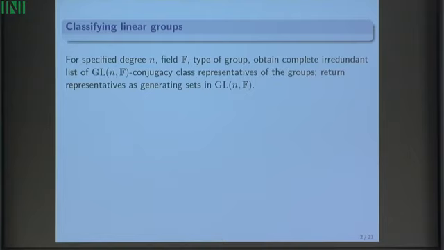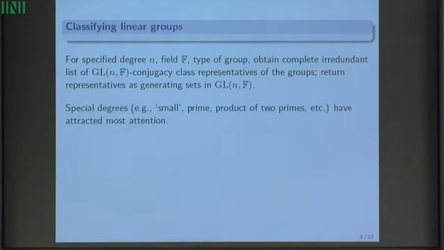So there have been many classifications that fall under this or looser headings. Special degrees have attracted the most attention. Small, here small means probably less than 10. Prime degree. The product of two primes.